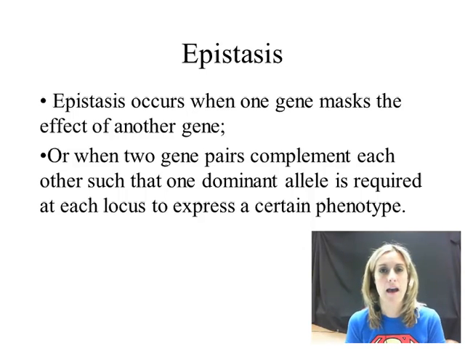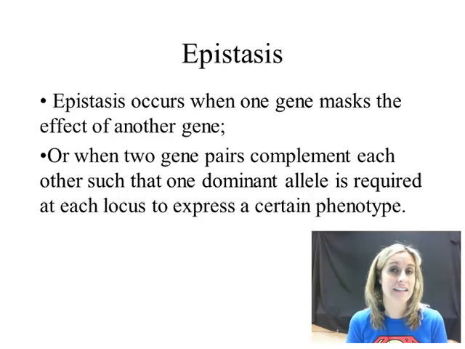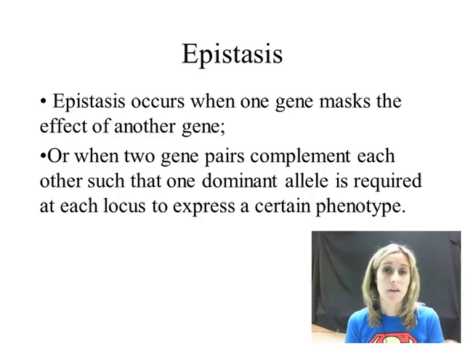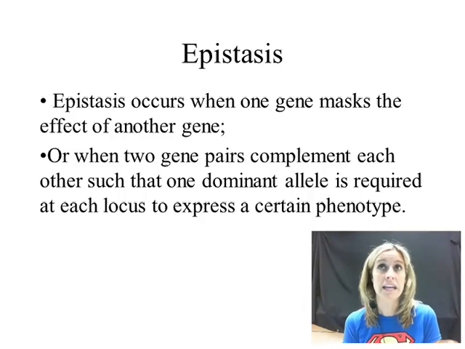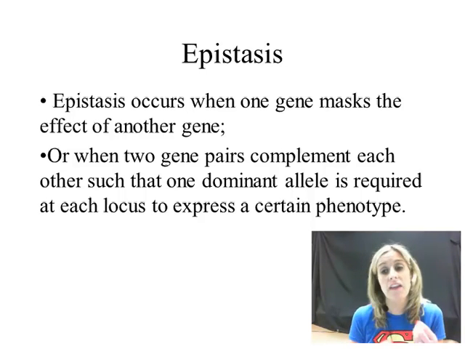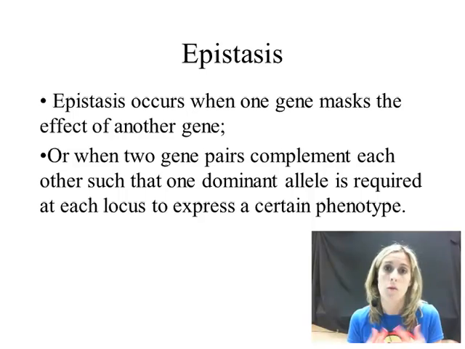Epistasis is when you have one gene masking the effect of another gene. Sometimes epistasis is when you need two different genes both to have a dominant allele in order to produce a required phenotype. So these are very specific ways that genes work together.